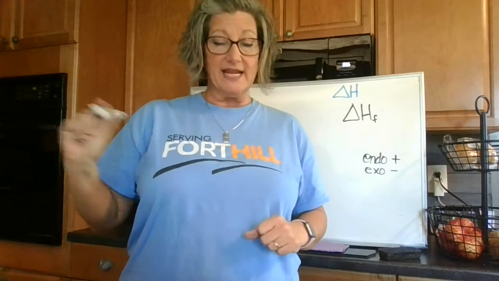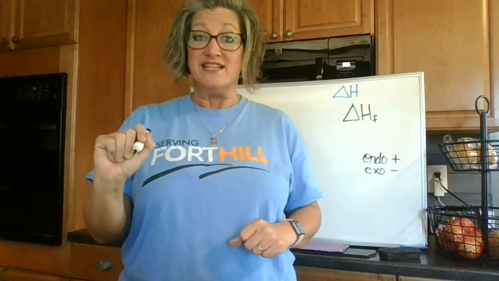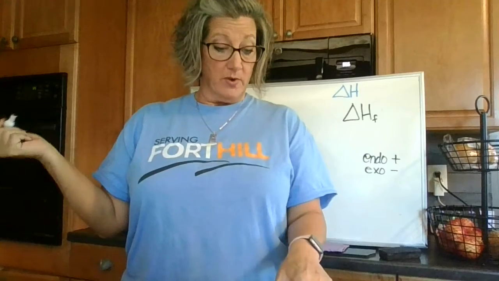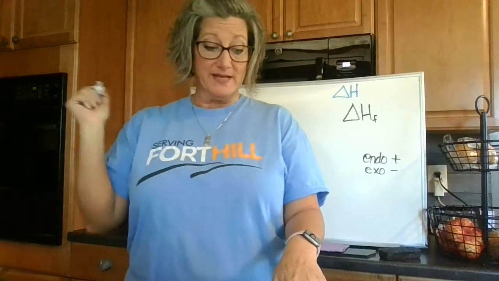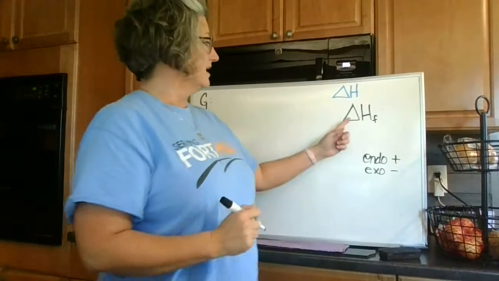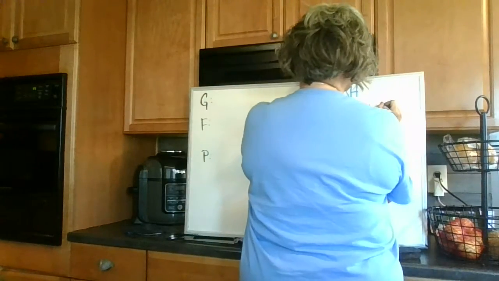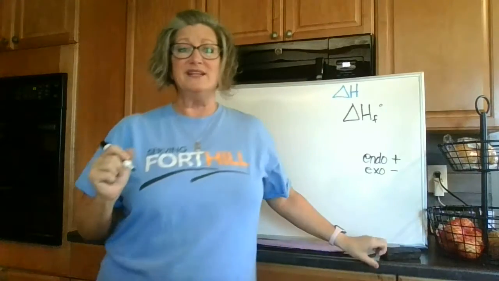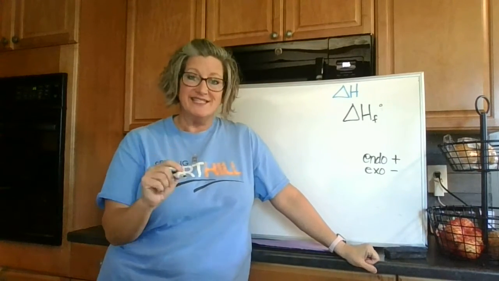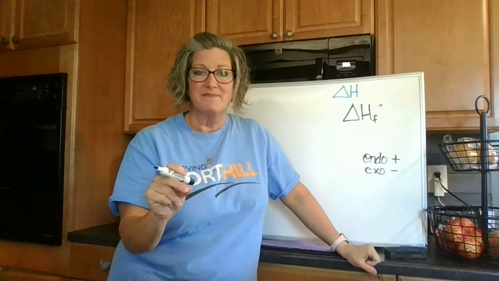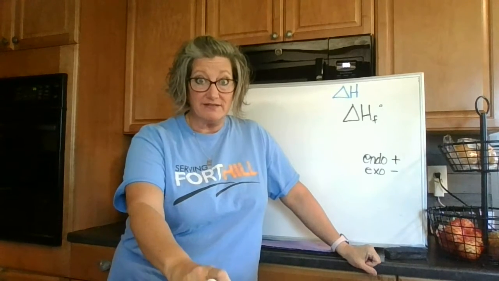To indicate that something is under standard conditions, it includes a degree symbol, and we call those the standard enthalpies of formation. Enthalpy of formation, if we add the degree symbol, gives us the standard enthalpy of formation at standard conditions.